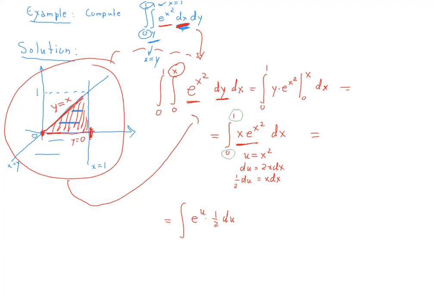I'm saying this because for this specific example, it might be a little misleading. Remember the formula of substitution. It's f of g of x, g prime of x dx, from a to b. It changes to the integral of f of u du from g of a to g of b. Of course, here the substitution will be u is equal to g of x, which means that du will be g prime of x dx.